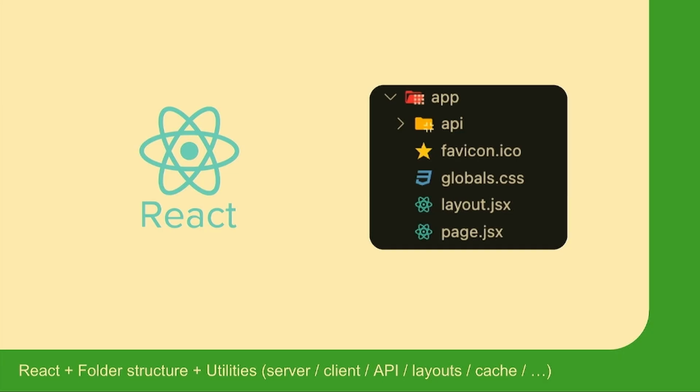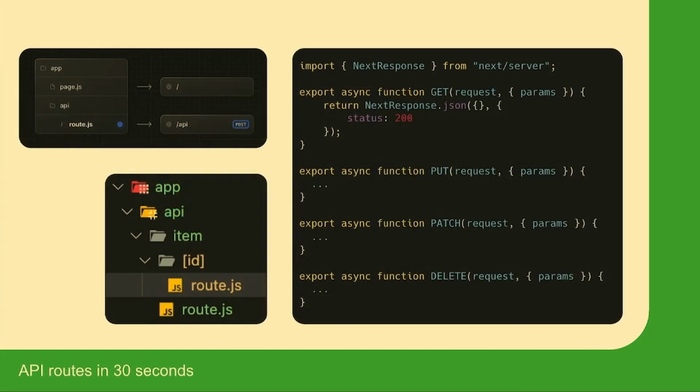We have a folder structure, which means we can just write everything in a special folder in our project. And Next.js automatically creates paths and routes for us. Also the icon and stuff like that is already exposed. And it also gives a lot of utilities for easier developer experience.